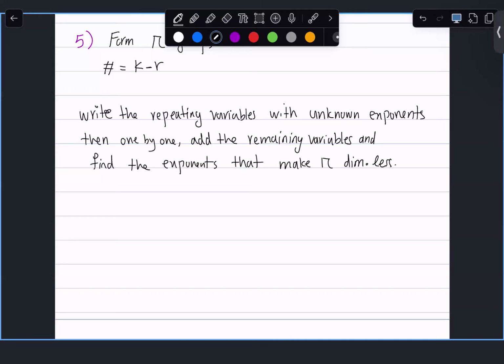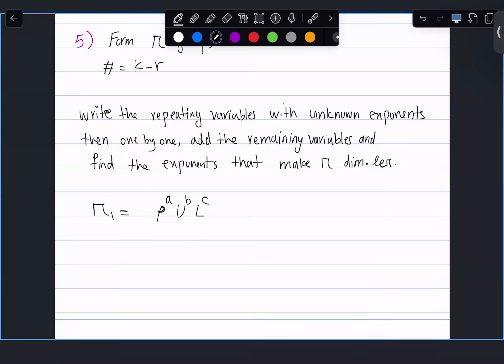Okay, so what does that mean? Let's see that in practice. We're going to write the repeating variables. First I'm going to say pi1, the first group, is equal to, what were the repeating variables in this example? The rho, U, L. So I'm going to write them down with some unknown exponents like A, B, C. Now, which variables are remaining?